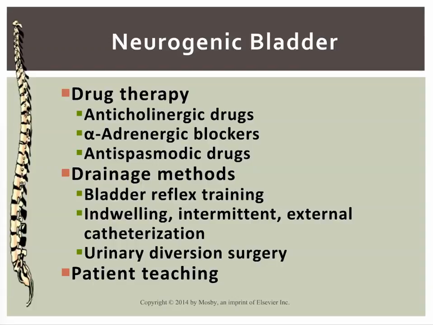Anticholinergic drugs such as Ditropan and Detrol may be used to suppress bladder contractions. Alpha blockers such as Hytrin and Cardura can be used to relax the urethral sphincter, and antispasmodic drugs like baclofen can be used to decrease spasticity of pelvic floor muscles.